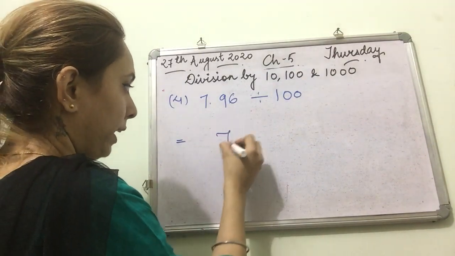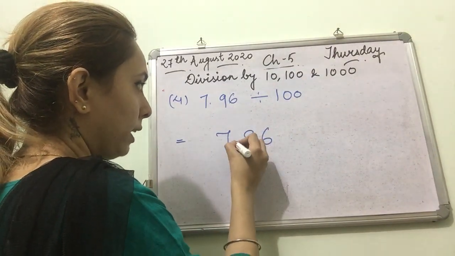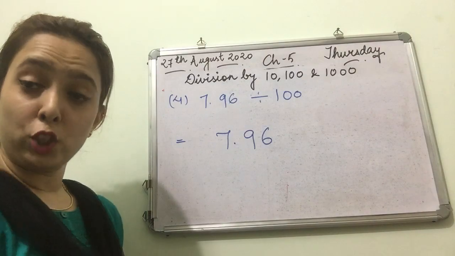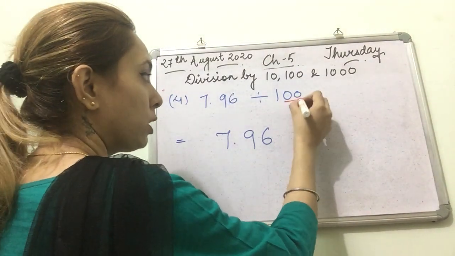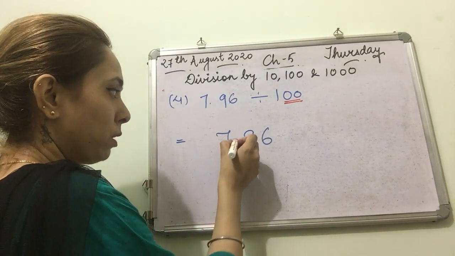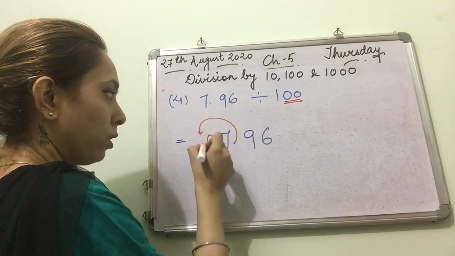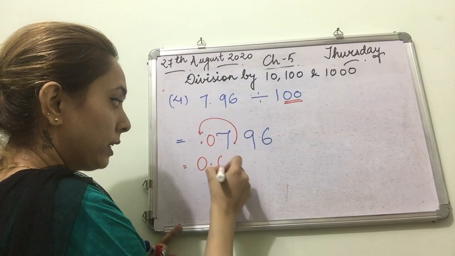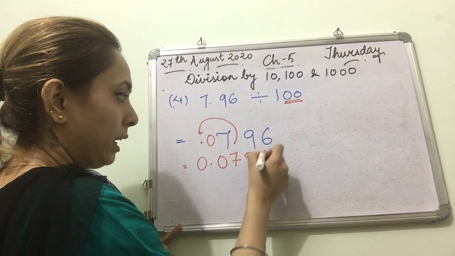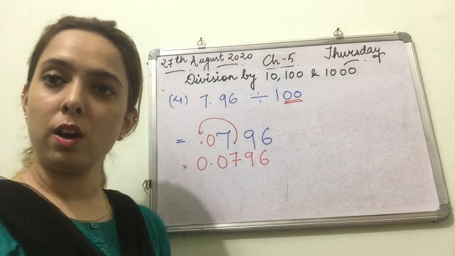So let's write down 7.96 again here. With your pencil also you can show that you are shifting the decimal. Here we have two zeros, so we have to shift the decimal before. So our answer will be 0.0796.